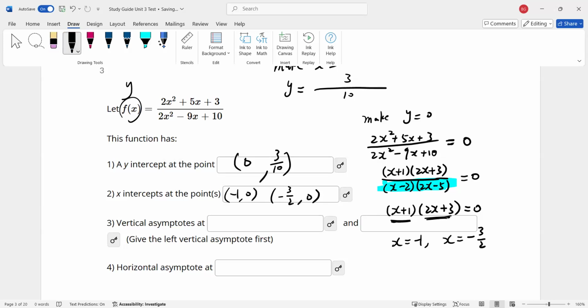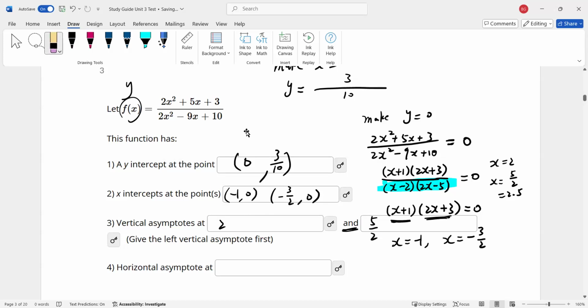We have 2 vertical asymptotes: x equals 2, and the other one is x equals 5/2. 5/2 is 2.5, and 2 is less than 2.5, so we give 2 first and then 5/2 after.